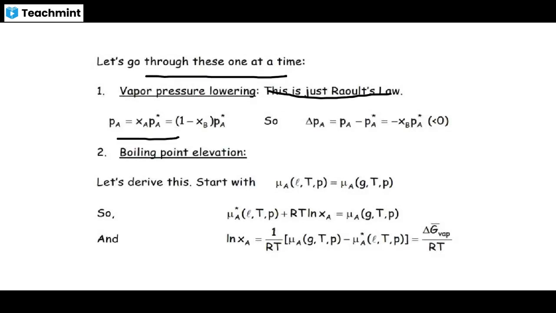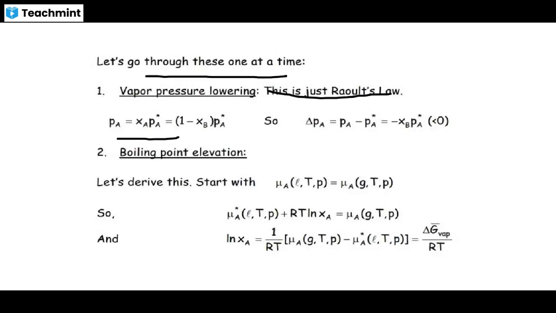Again using ln XA approximately equal to NB divided by NA, then RT times minus NB divided by NA plus VA pi equal to 0. Just divide all this by NA and you get the relation. These are simple mathematics. Volume equals VA plus VB.